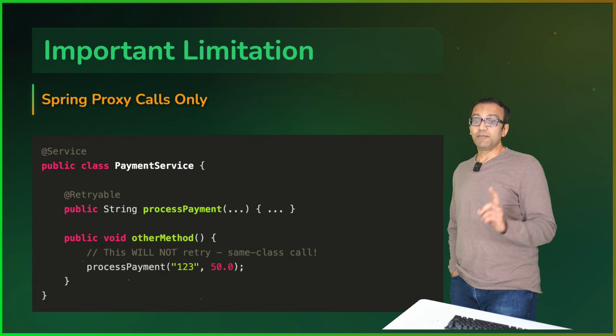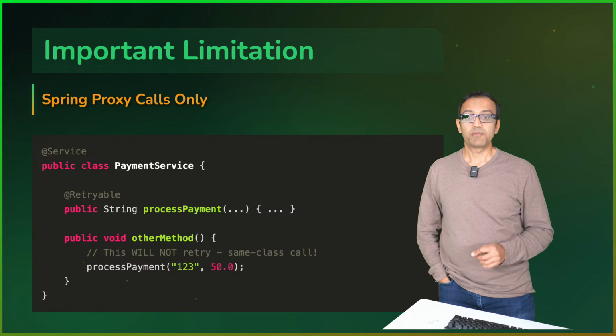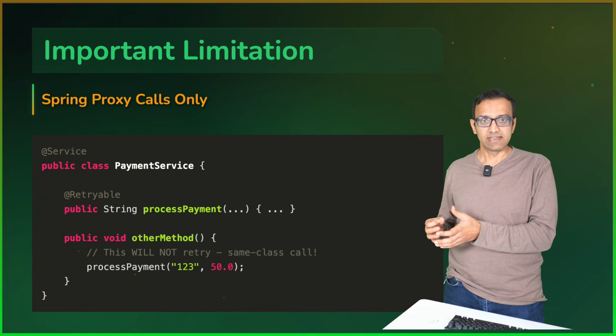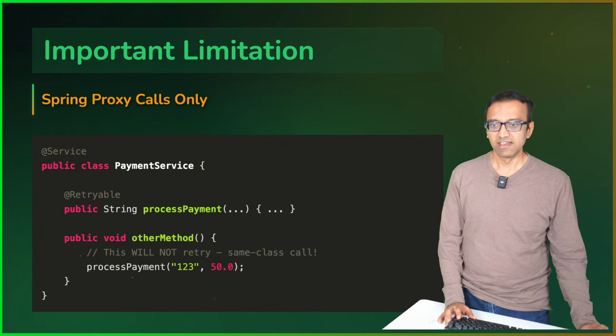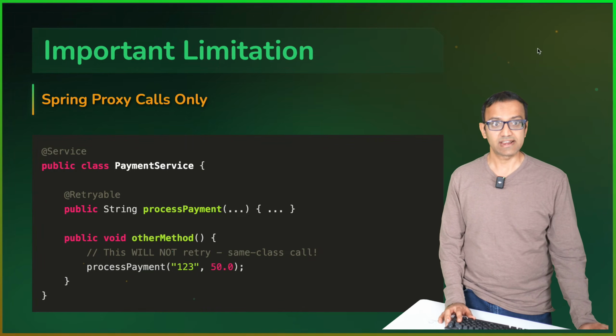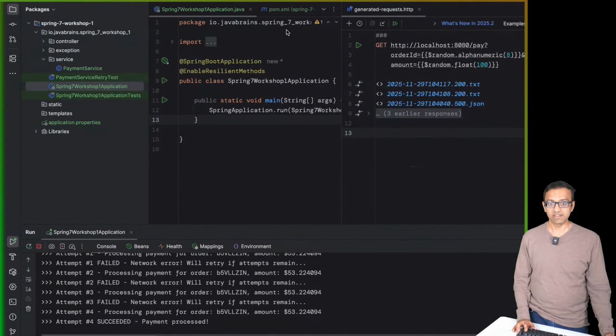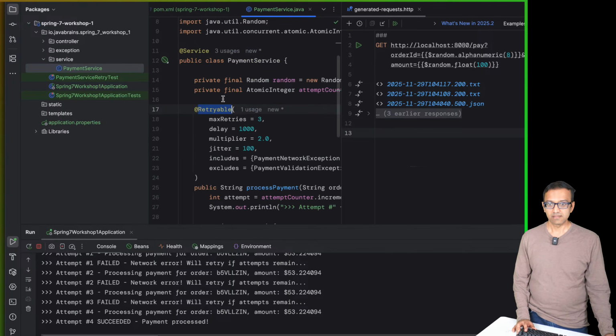The key thing about this is that this is Spring proxy calls only. Okay, now if I were to take that method and create a new instance of the class, and then call it directly, it is not going to work, as you can imagine, right? So if I go to this here, this is my service, right?